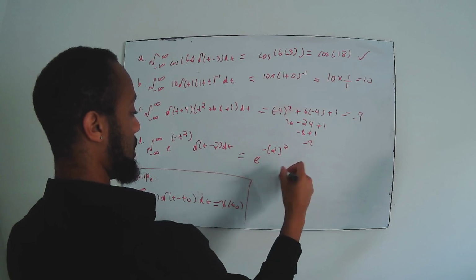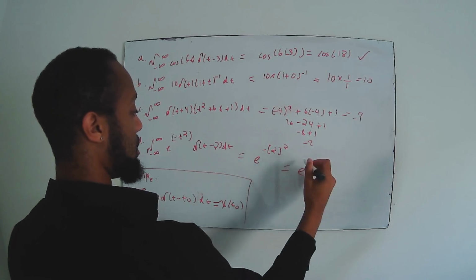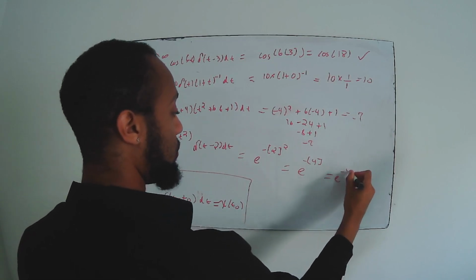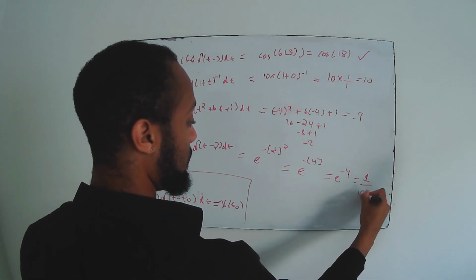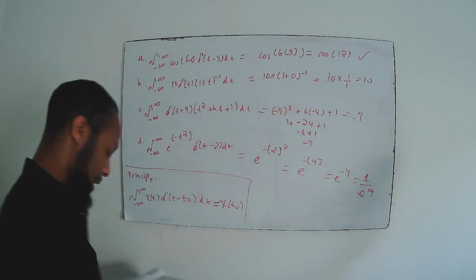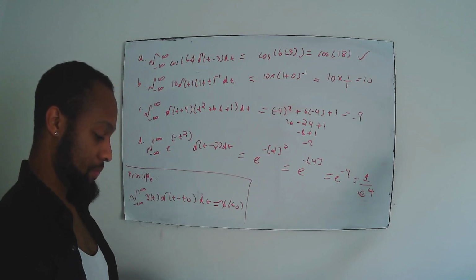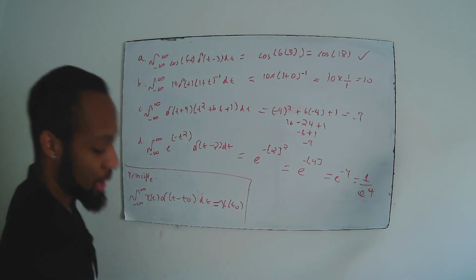So 2 squared is 4, and this turns into e to the minus 4, which is just 1 over e to the 4th. And that's how you would go about computing problem 1.13. So super simple, super easy. Hope that was helpful.